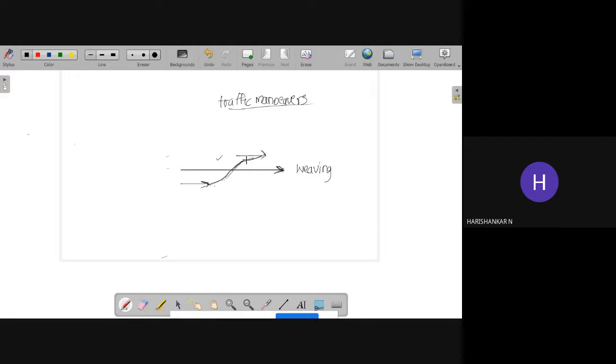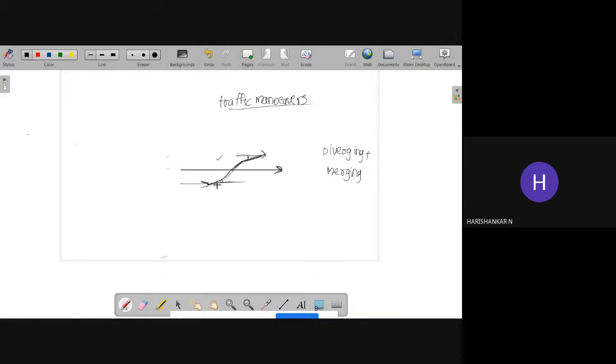Simply look here. You have merged from here and diverged here. So you can see it is a combination of two maneuvers. We have already studied the first and second maneuvers. These are diverging and merging.